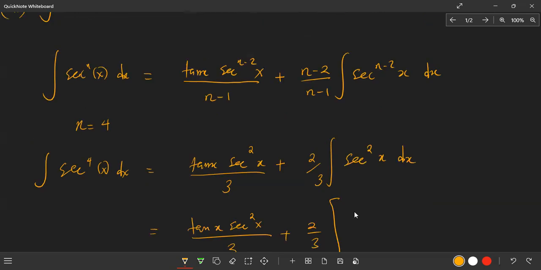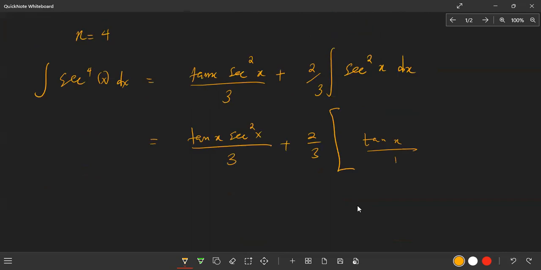Our new value of n is 2, so we substitute 2: sec to the power 2 minus 2 is sec 0, which is 1, so we have tan x over 1, and 2 minus 2 is 0. So it's just tan x, no need to waste time. This becomes tan x plus a constant of integration. That is the integral of sec to the power 4 x.